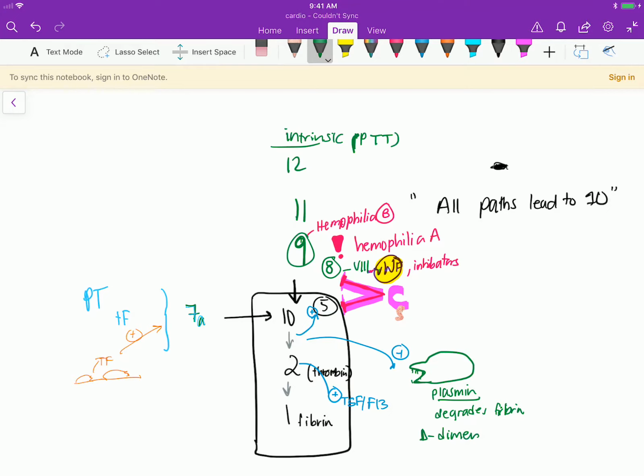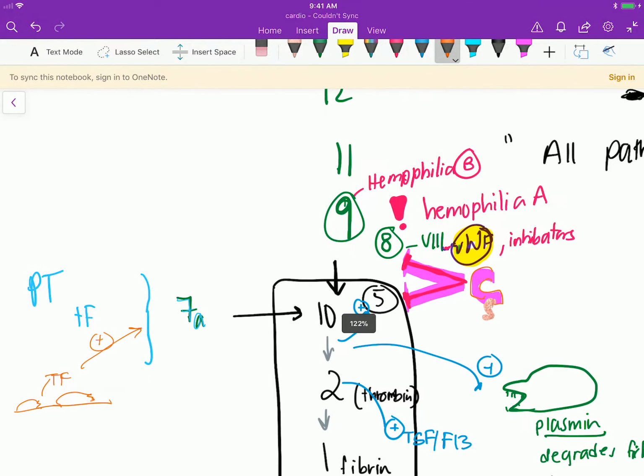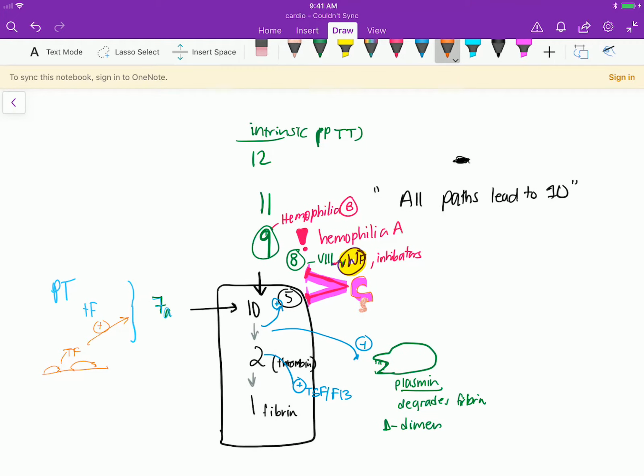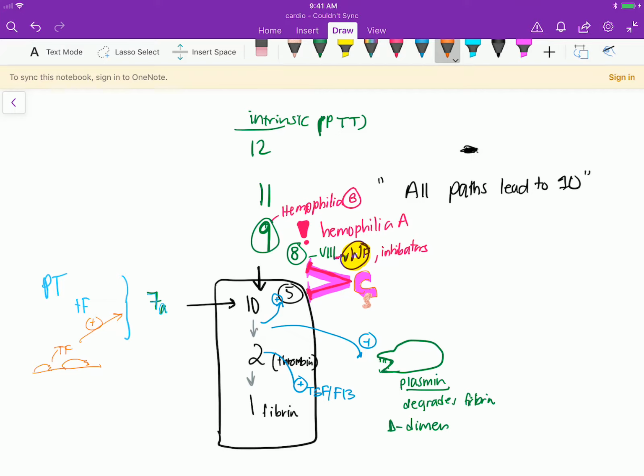Okay, so what color should we make it? So this is protein C, and its job is to block factor 8 and factor 5. So this should give you a brief overview of how the coagulation cascade works and how you should remember it.